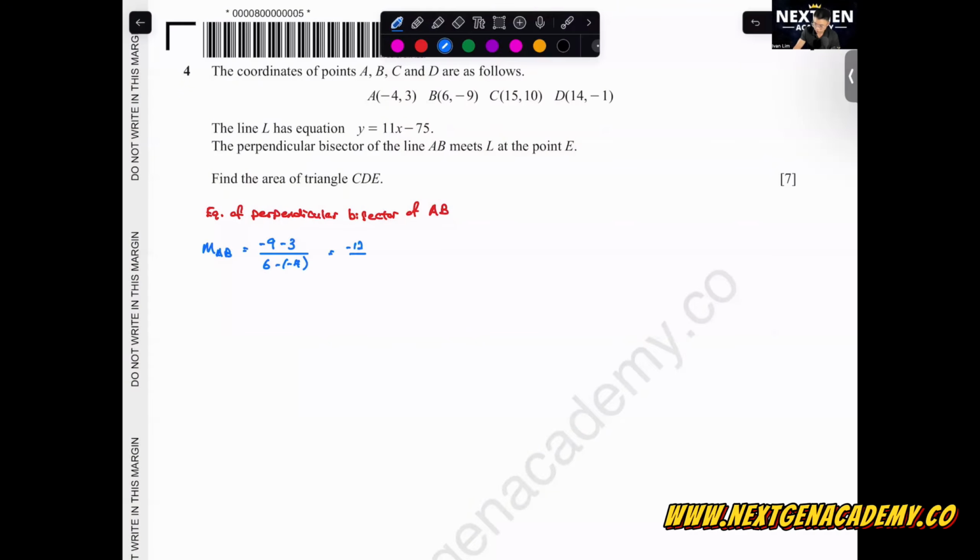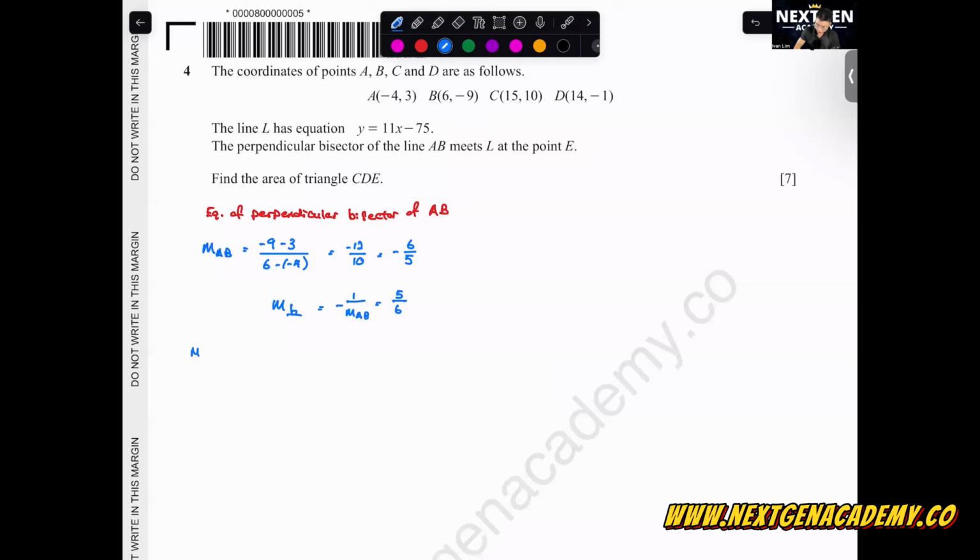We get minus 12 over 10, which is minus 6 over 5. We don't want this. We want the perpendicular gradient. The perpendicular gradient will be positive 5 over 6. Or, just in case anyone doesn't know what I am doing here, do negative 1 over M AB, the negative reciprocal.